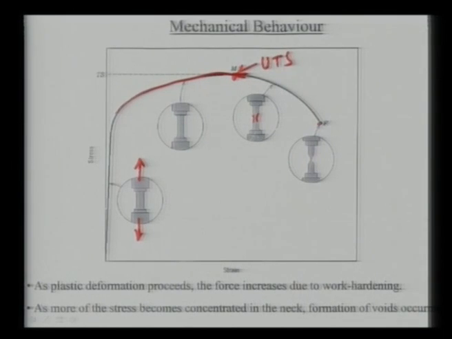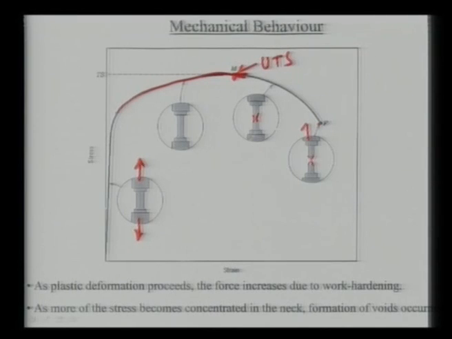That means that the material will contract in cross sectional area faster than the length increment the material will experience. As a result, up to a point F, this material will not be able to bear the load any further, and it will cause the total fracture of the material.